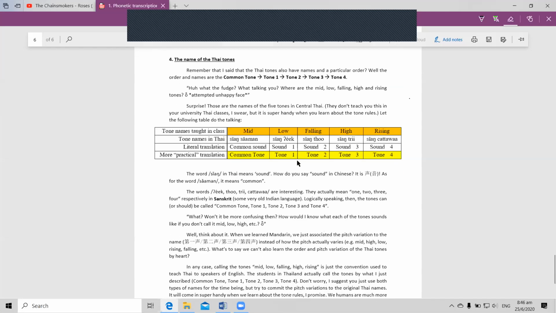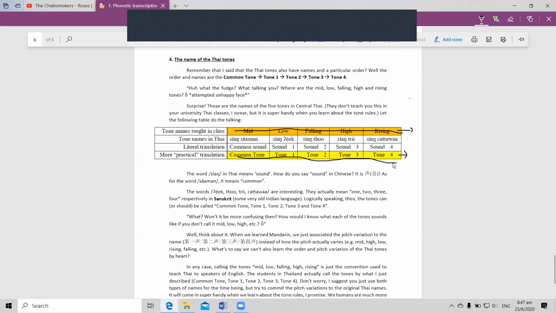I suggest that you learn both of these naming methods when you learn how to transcribe Thai or write Thai. But I would recommend that you try as much as possible to get used to this way of naming, because when you learn about the tone rules, it will come in very handy.